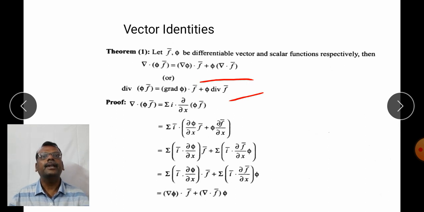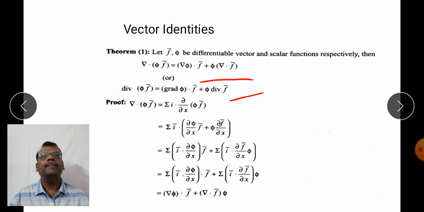Del dot phi f bar is equal to, for simplicity, we take the summation i of dou by dou x of phi f bar. Here phi is a scalar and f bar is a vector. Therefore, summation i into dou phi by dou x f bar plus phi into dou f bar by dou x, that is equal to summation i dou phi by dou x dot f bar plus summation i dou f bar by dou x of phi, because phi is a scalar that we have to put outside.